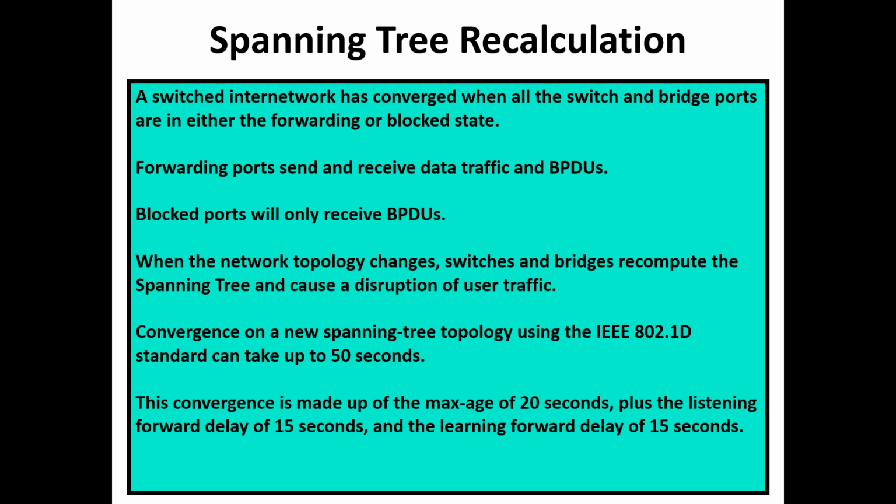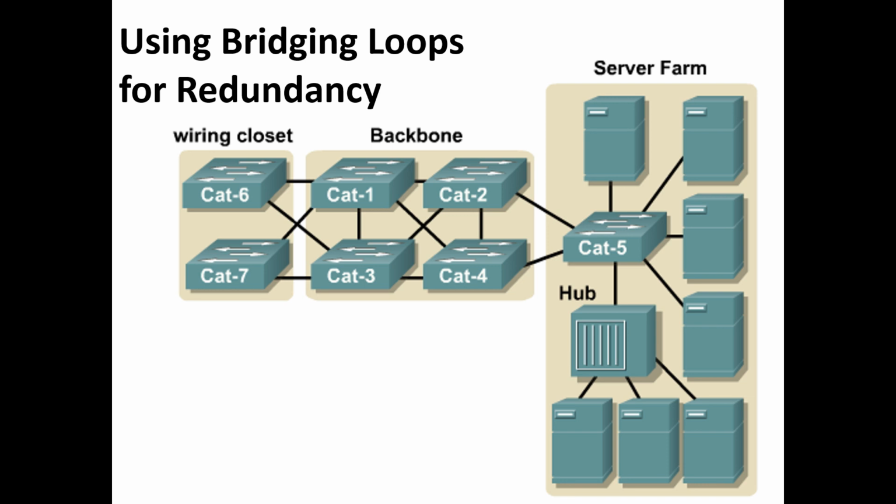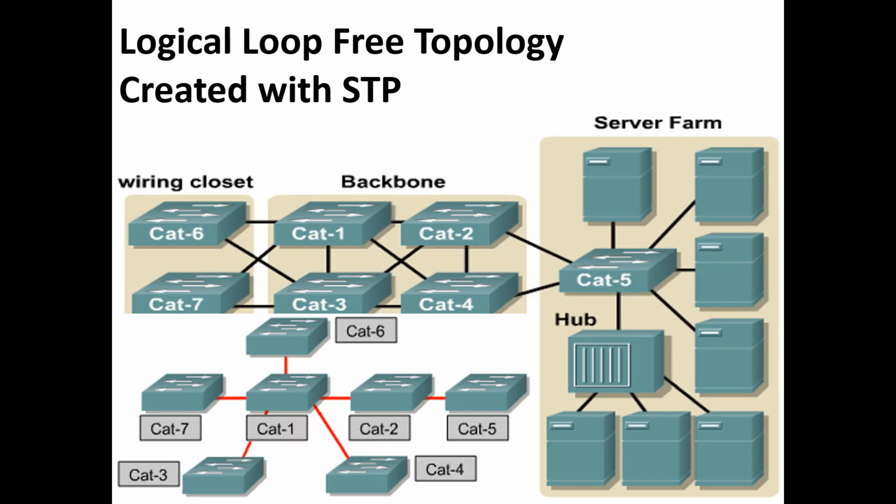So the convergence is made up of max age of 20 seconds, if for 20 seconds no BPDU is received, plus the listening forward delay of 15 seconds and the learning forward delay of 15 seconds. So guys, this way the bridging loops are controlled with the help of the spanning tree protocol. A logical loop-free topology is created with the STP.